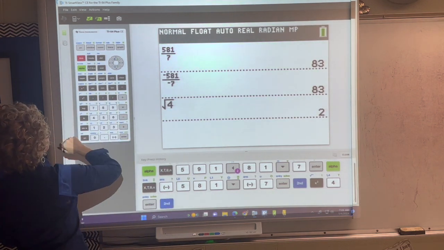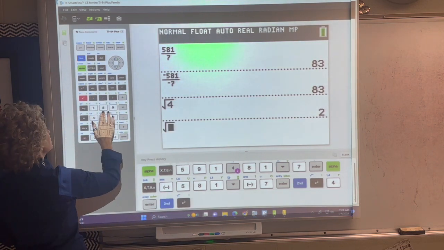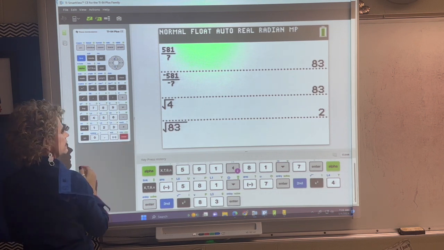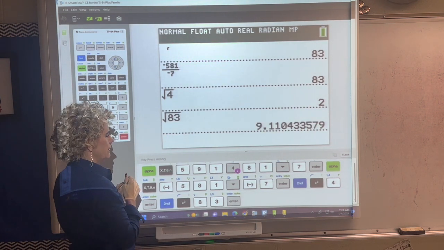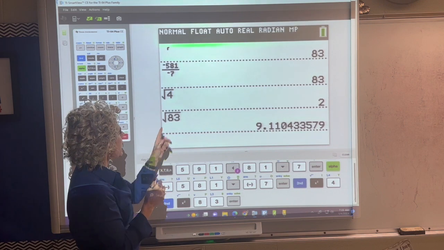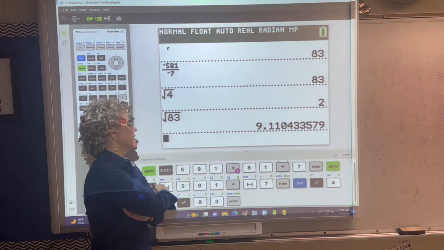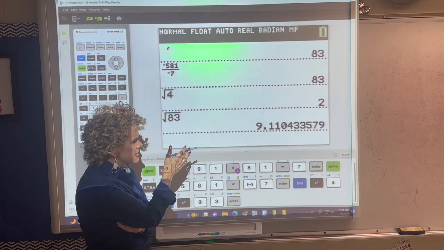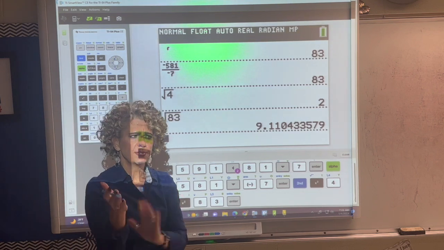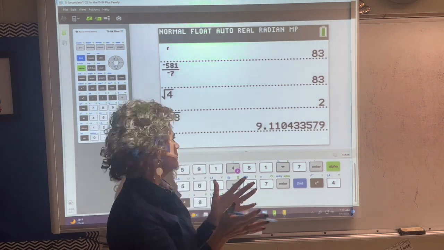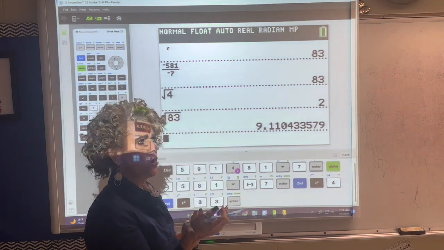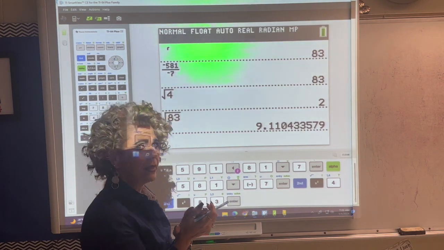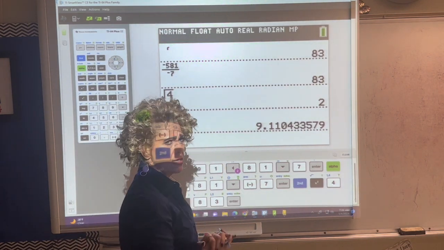I get second square root of 83, and I hit enter. 9.1. Okay. When I get something, the square root of 83, it's 9 point something. It's between 9 and 10, because 9 squared is 81, 10 squared is going to be 100, so that's not going to be a nice, pretty number.